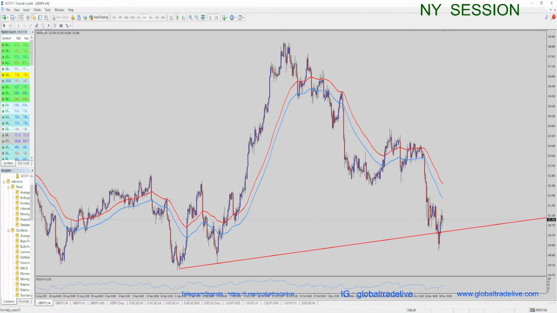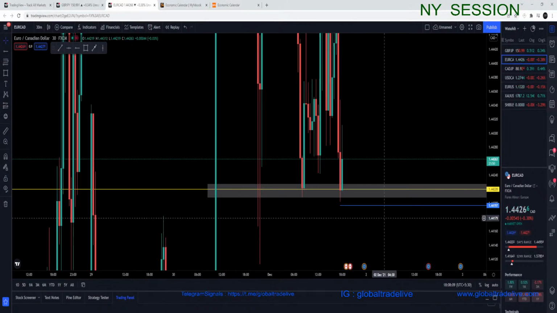So number one point is this. Number two is, if I draw these lines together, then there is a problem over here, like the market is rejecting the upper trend line. It has to break above to move up, and EuroCAD is now moving down.